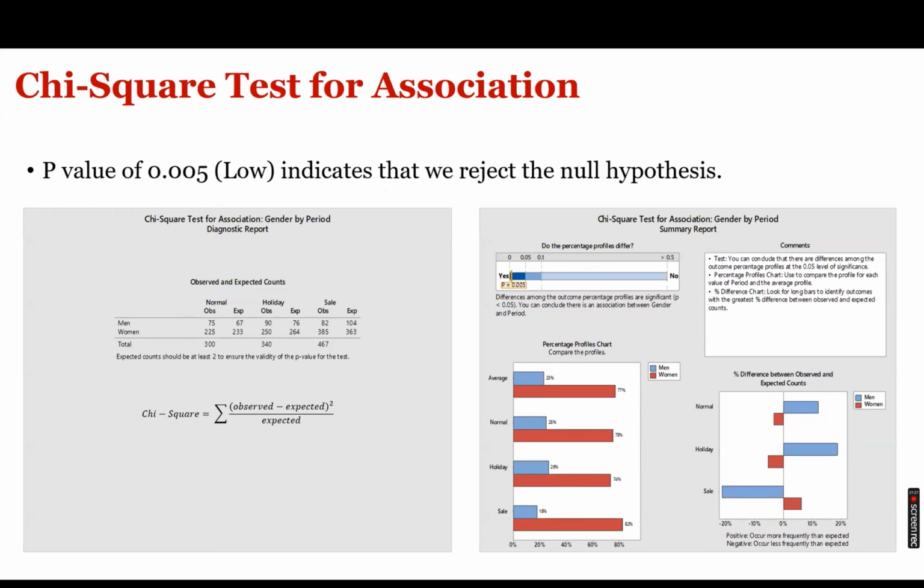When it is 0.005, it means it is less than 0.05, so we reject the null hypothesis. The null hypothesis was that between the two genders, there is no significant difference in shopping behavior, so we reject that. So between the two genders, shopping behavior has been significantly different.